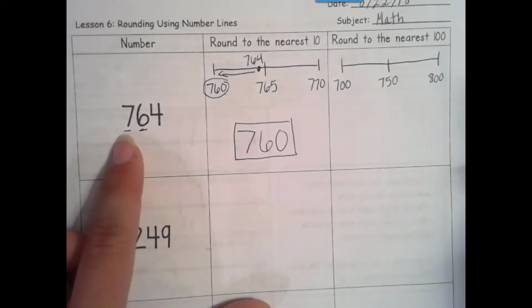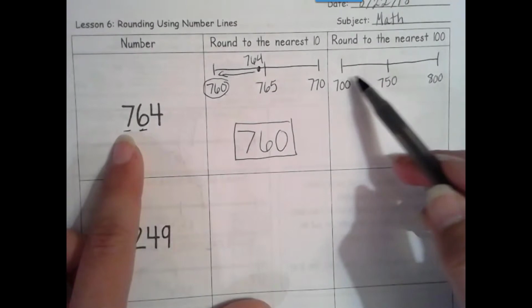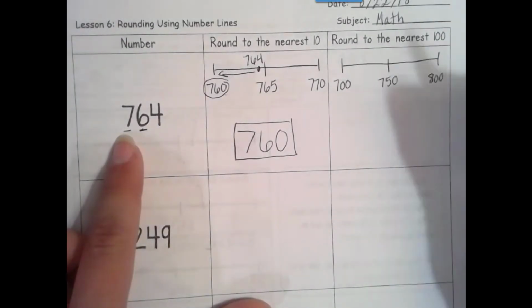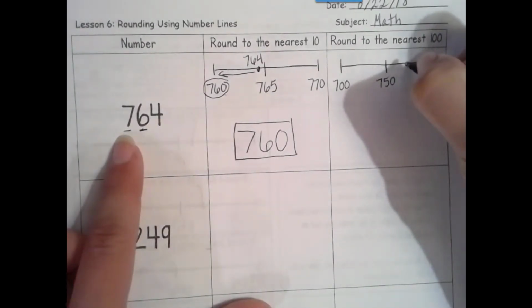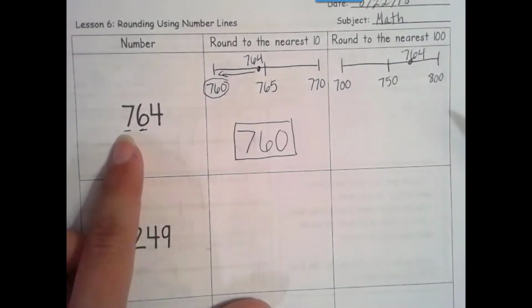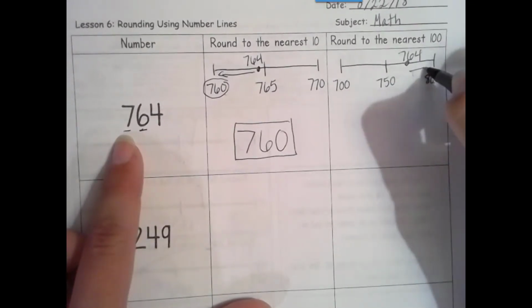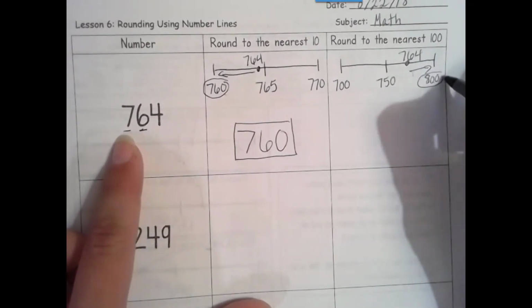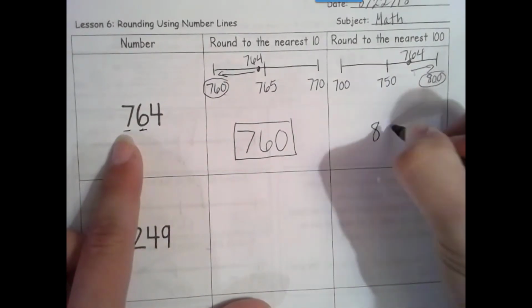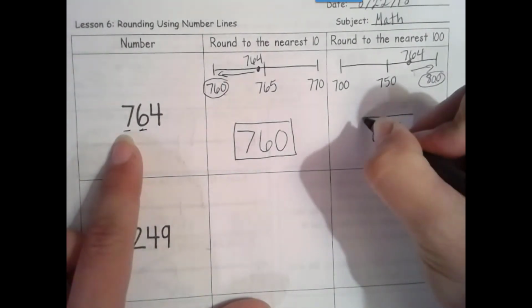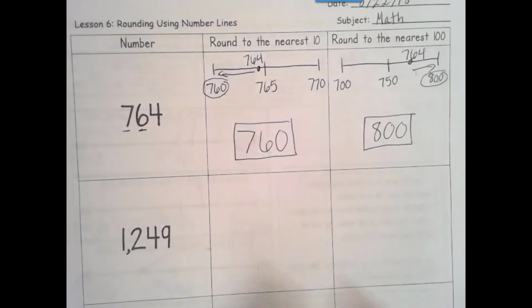Well, 764 wouldn't be on this side. It's not less than 750. It's greater than 750, so it'd be somewhere over here. Well, which round number is it closer to? It is closer to 800. So our nearest 100, if we round to the nearest 100, it's closer to 800 than 700.